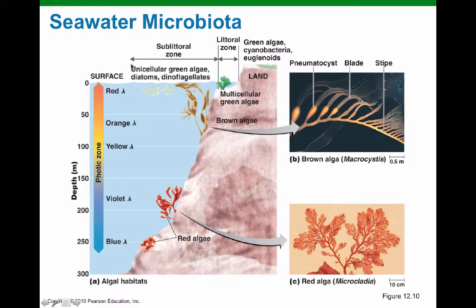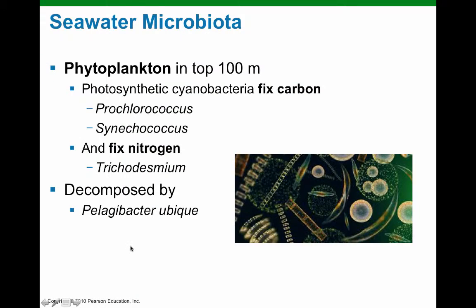Then in the sublittoral zone, the unicellular green algae, diatoms, dinoflagellates as well. And there's also a benthic zone, which would be more the bottom sediment. In the top 100 meters of a seawater environment, this is where you'd find the phytoplankton.